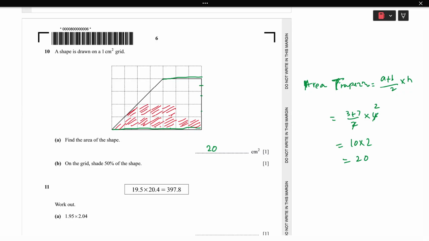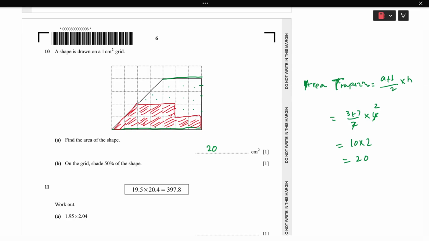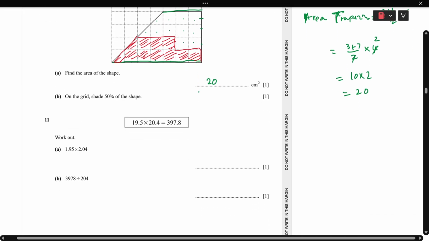So we shaded 10 boxes. The rest will count like green here. 1, 2, 3, 4, 5, 6, 7, 8, 9. Just make it half, 10. So the rest 10 boxes are there. So I shaded 50% of the shape.